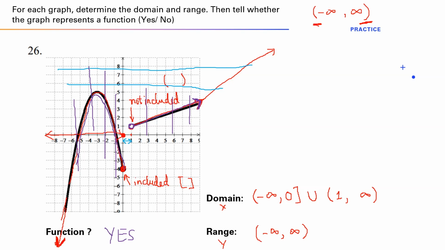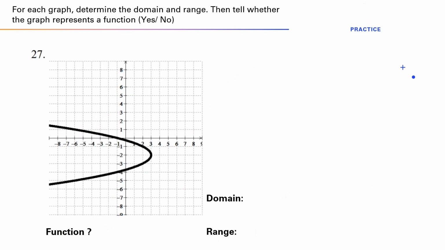Okay, so let's do another one. Number 27. Now we have this one, and it will run to the left forever. So that will be negative infinity. And remember, domain is x, range is y, comma. And then what is the most right? It is at x equal 3, included, so bracket.